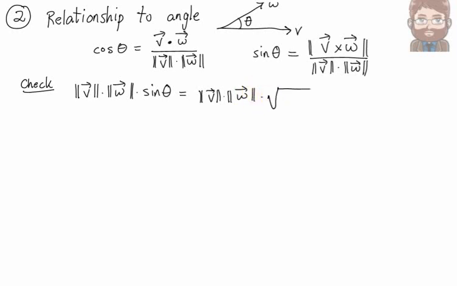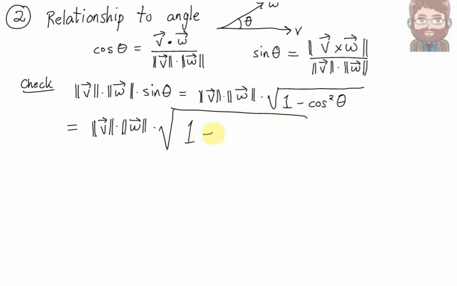So first, I'm going to take that expression with a sine. Since sine squared plus cosine squared equals 1, I can replace sine with that radical expression. The reason I would do that is because I know something about the cosine of theta. Specifically, I have that formula for cosine of theta, and I'll insert it right there: v dot w over the length of v times the length of w. Remember, that whole quantity is being squared.